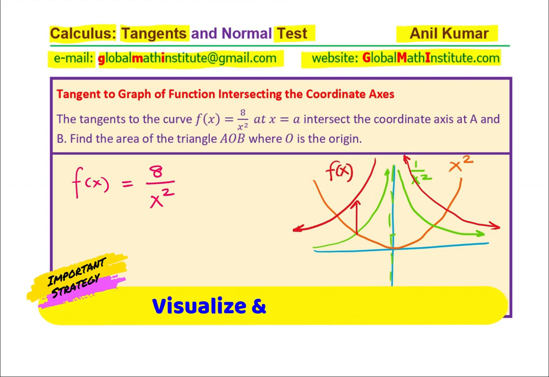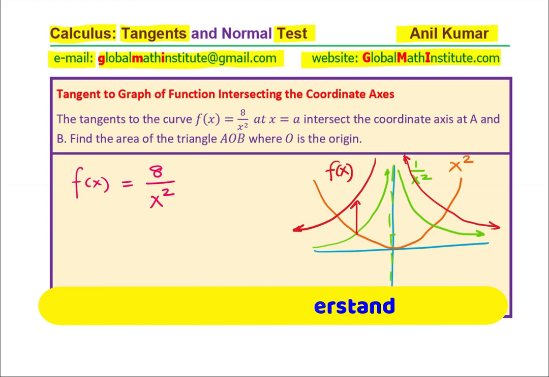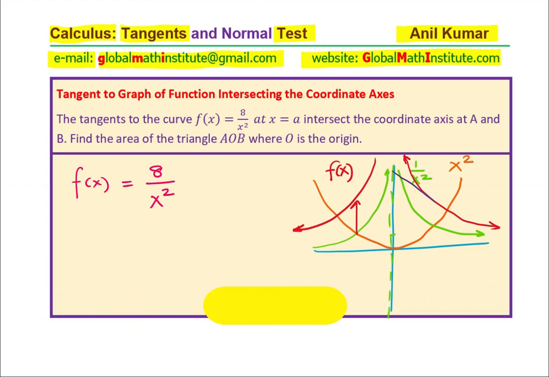So we have the function and we are looking for a tangent to this particular graph at any particular point. So now let us sketch the tangent also at some point. Okay, so let's say this is the tangent, which intersects the coordinate axis at A and B. Let's say this point here is A and the other point here is B. So that is forming a triangle with the origin O. And what we need to find is the area of triangle AOB.